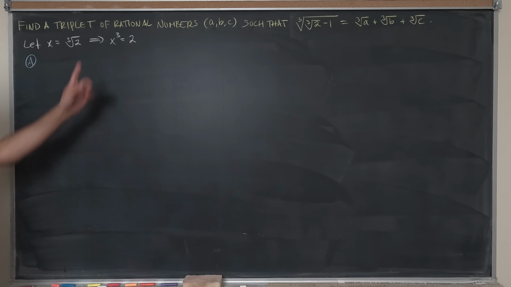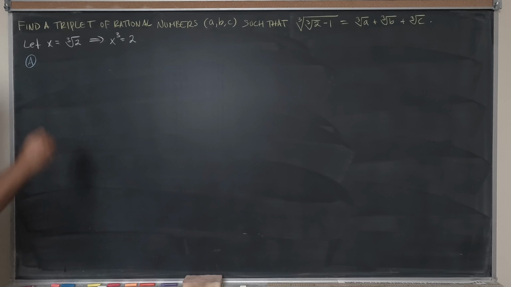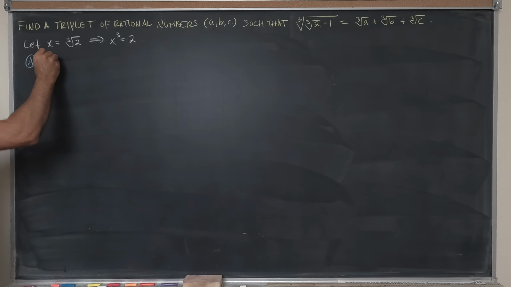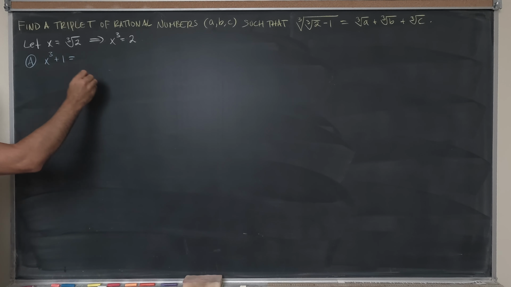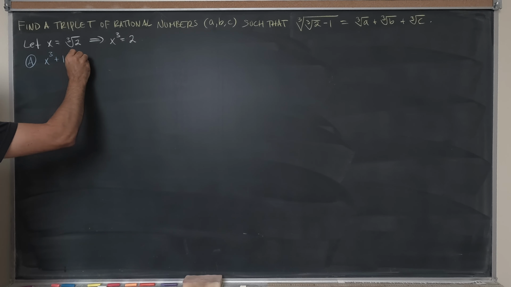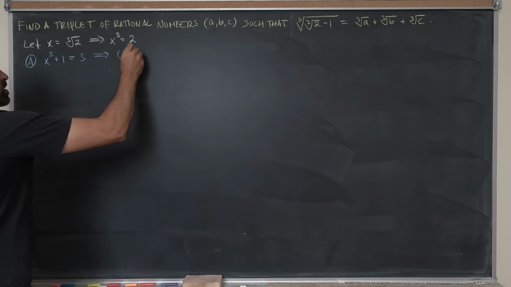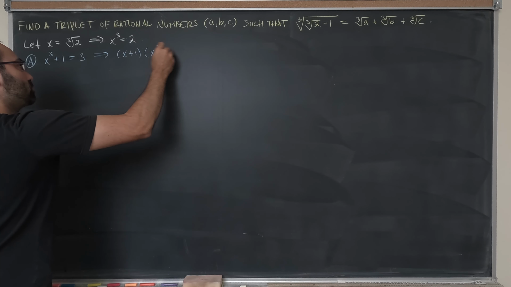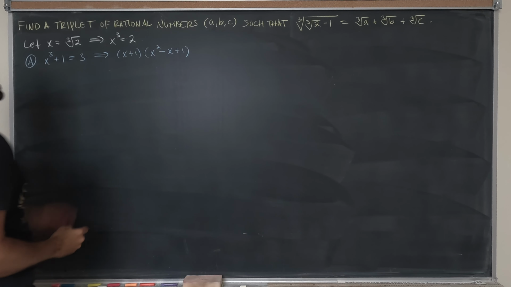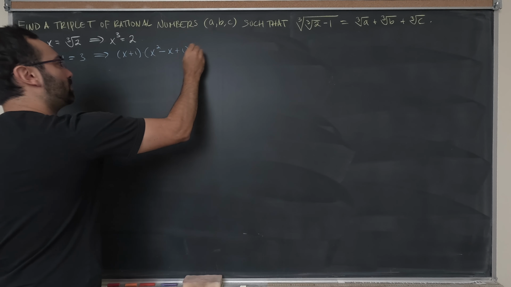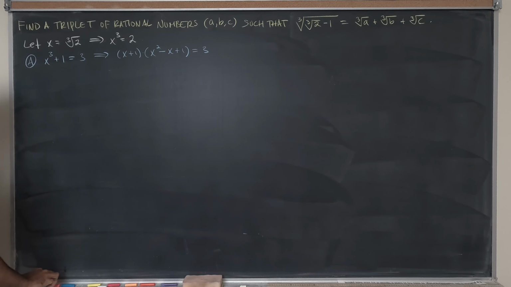First of all, we can add 1 to both sides, so we get x cubed plus 1 equals 2 plus 1, or 3. But that just gives us a sum of cubes on the left-hand side, so we can factor that. So it factors as x plus 1 times x squared minus x plus 1, that's the left-hand side, equals 3.